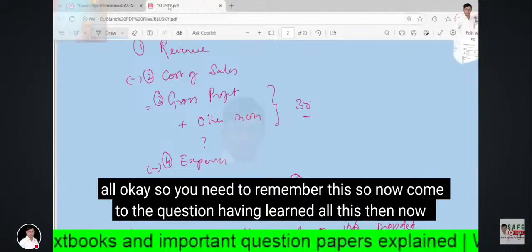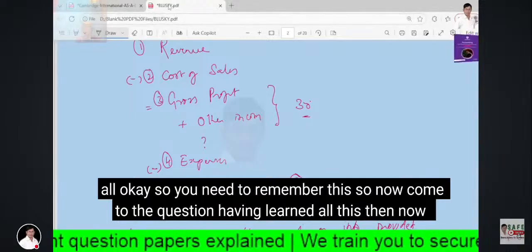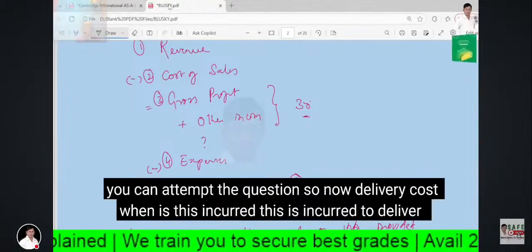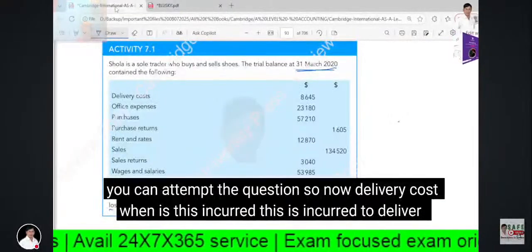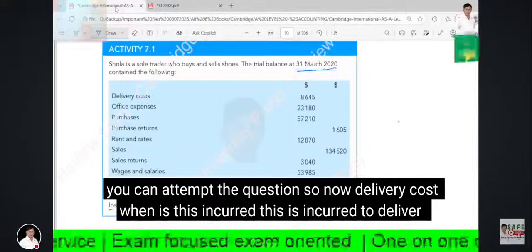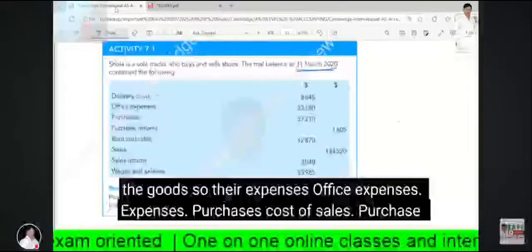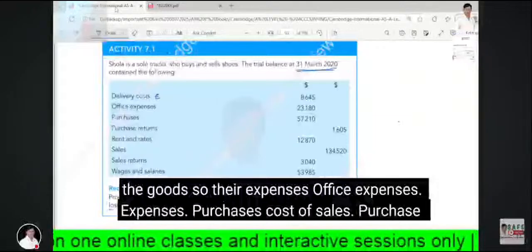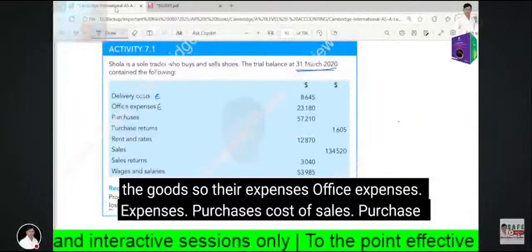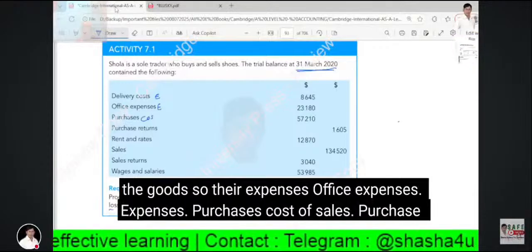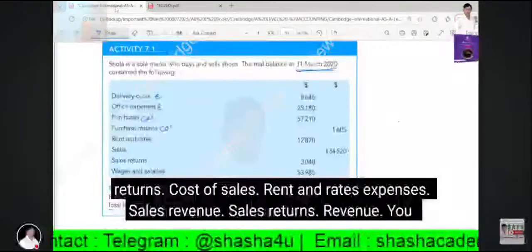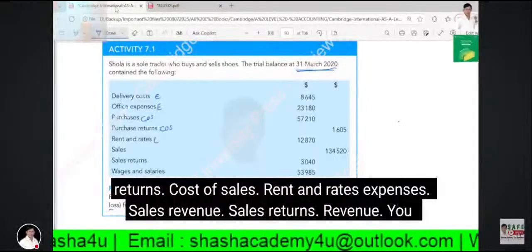Now come to the question. Having learned all this, you can now attempt the question. Delivery cost is incurred to deliver the goods. Further expenses: office expenses. Purchases, cost of sales. Purchase returns, cost of sales. Rent and rates, expenses.